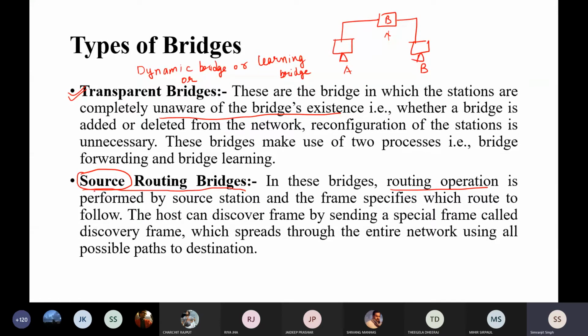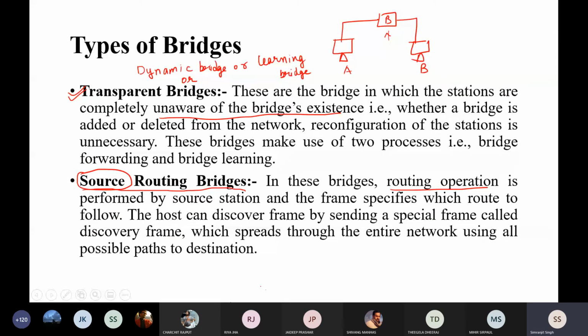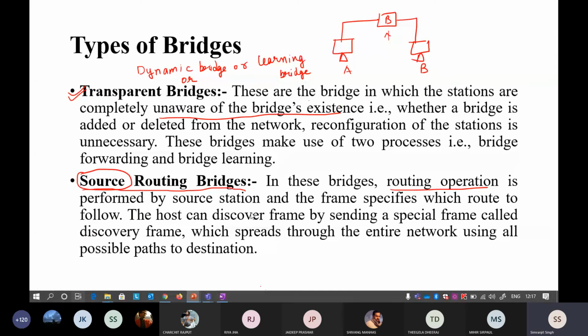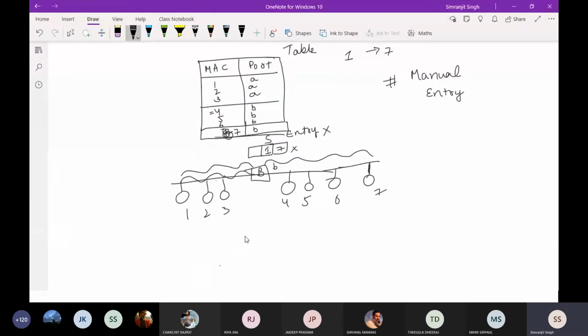Suppose I've given you an example there. Now in source routing bridges, the source has the main responsibility.